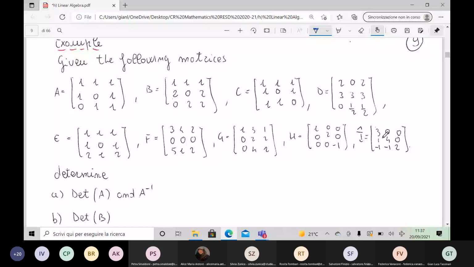So this is a lower triangular matrix. And I told you, for diagonal matrices or for triangular matrices, you can compute the determinant very quickly simply by doing the product of the diagonal elements. 3 times 4 is 12, times 2 is 24. Okay, so the determinant is 24.